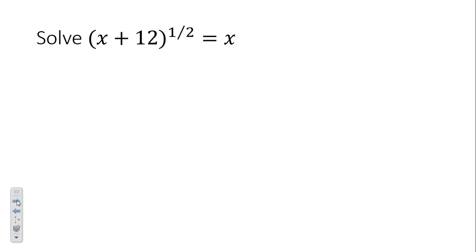Or you can recognize that what do we have to do to make that 1/2 power go away? Square it. Okay? So if we square both sides, one half to the 2 becomes a 1, so we just get our x plus 12. And when we square x, we'll get x squared.